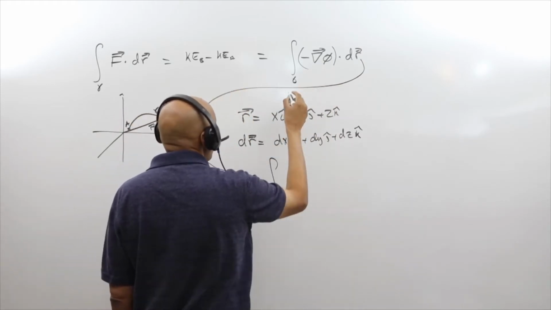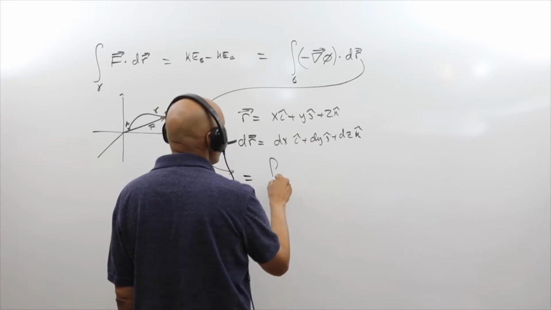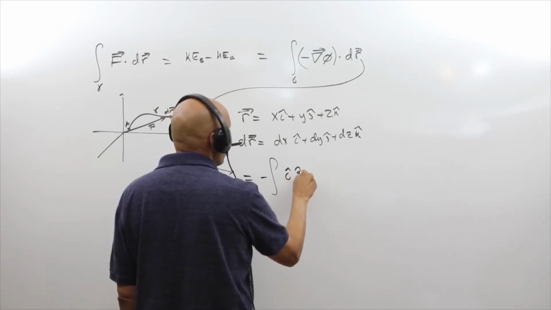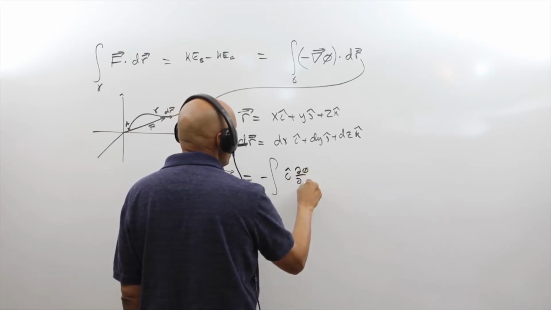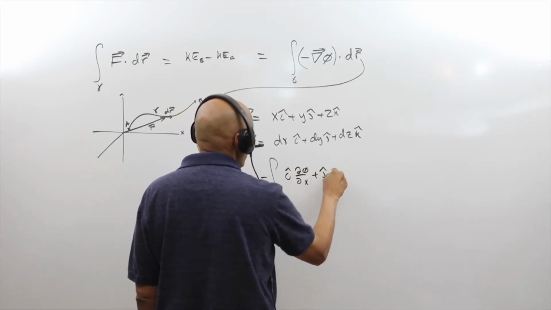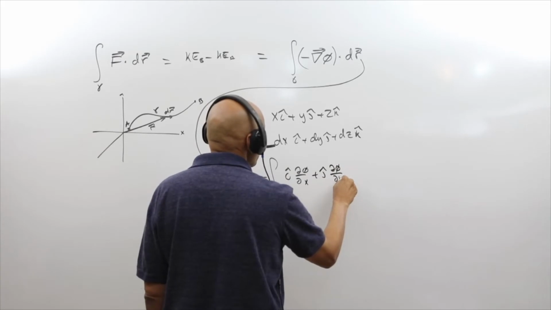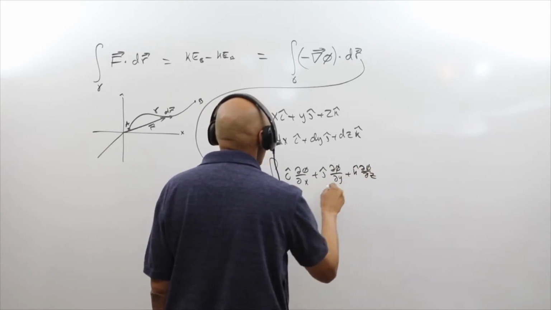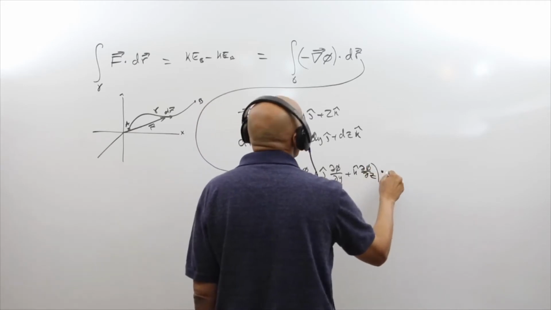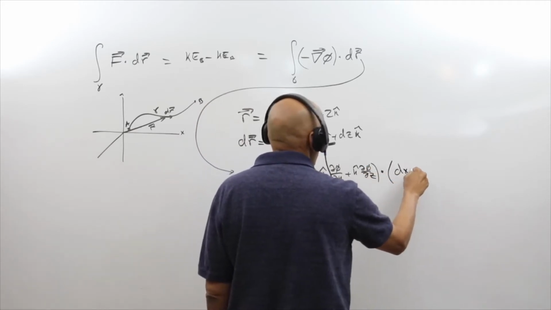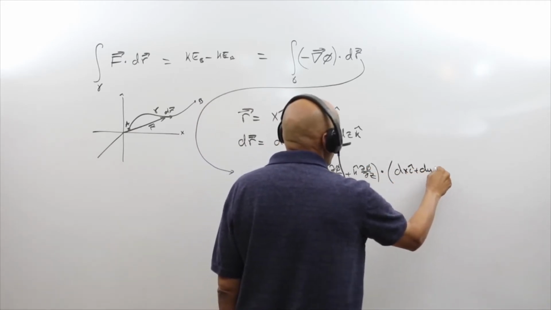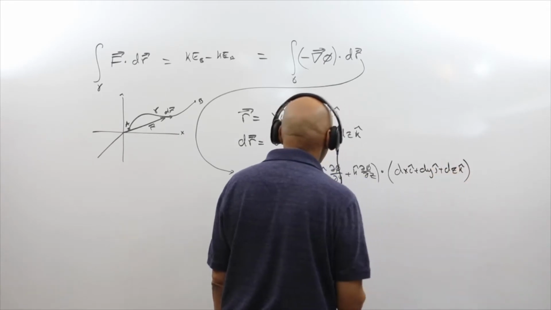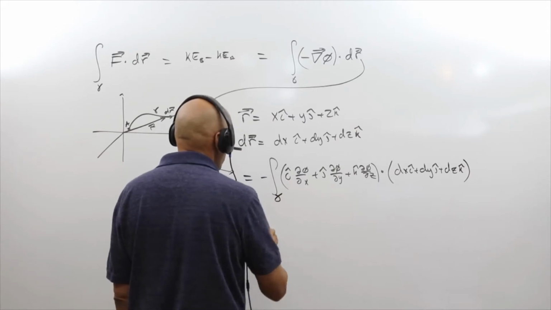So here's our gamma path, and we're taking the gradient, so I'll put the minus out, and we get the gradient, which is i, partial of phi with respect to x, j, partial of phi with respect to y, plus k, partial of phi with respect to z. We are dotting it with dx i plus dy j plus dz k.